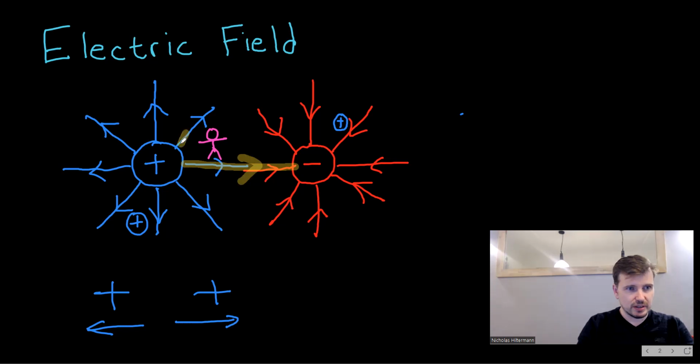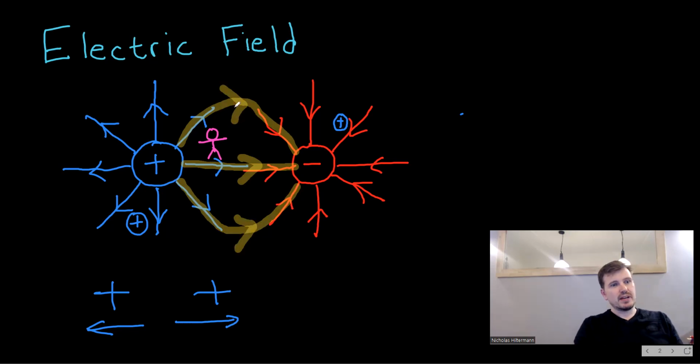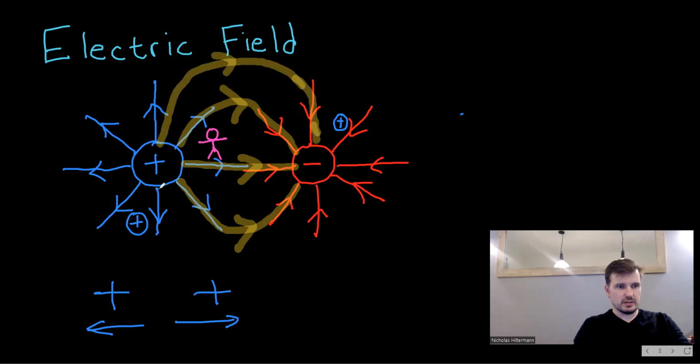If you go to your grade 9 notes, you will notice that you have this idea of a positive and a negative. This is how the field lines would be between a positive and a negative charge here.